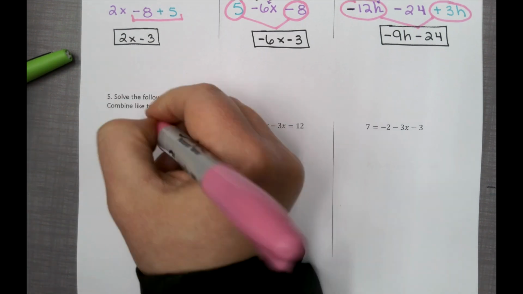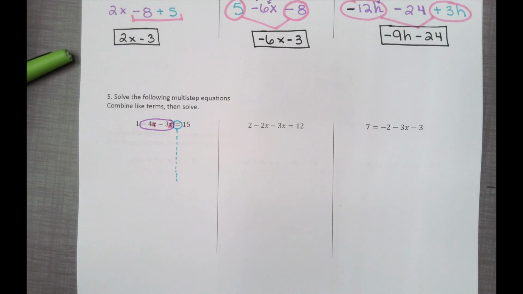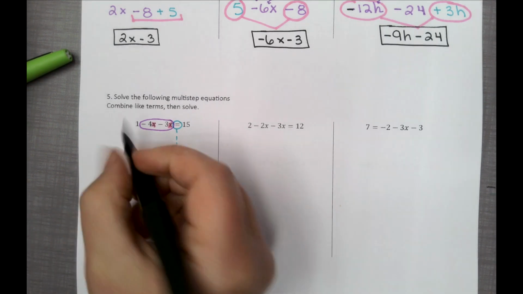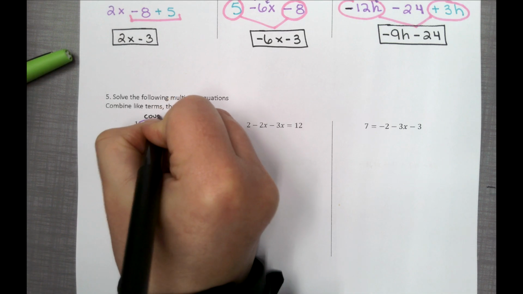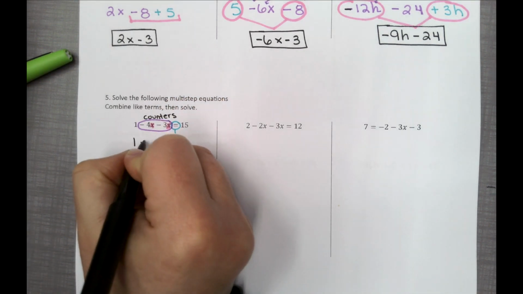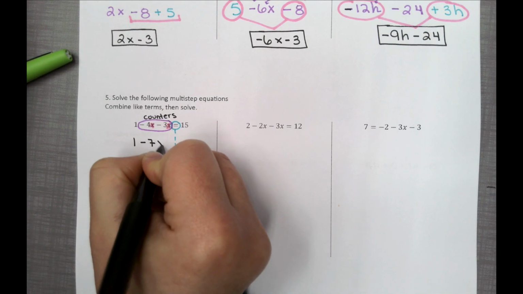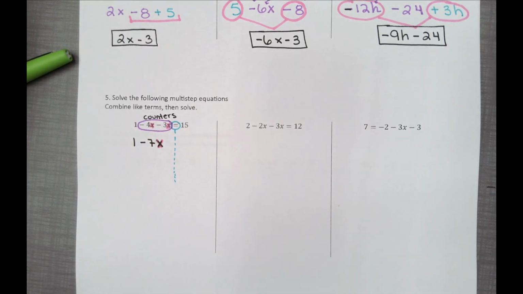So what I mean by that is I have an x and I have an x, therefore these are like terms. So what I have here is 1, -4, this is counters. So I have -4 and -3, meaning I have -7 x's. So if they share a letter, when you're using your counters, that letter stays.